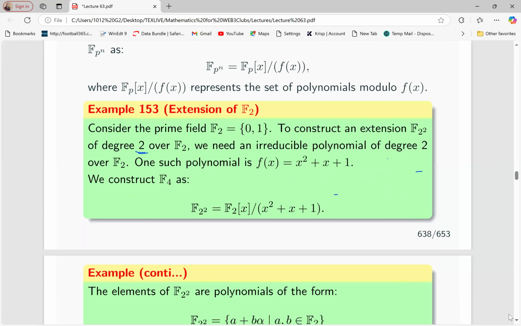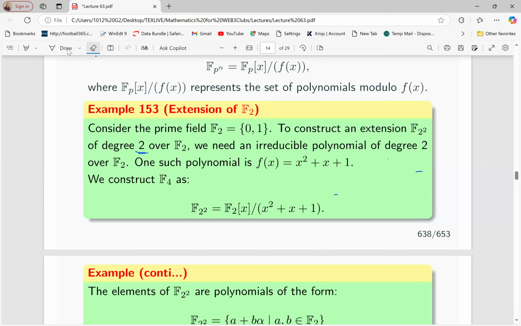We shall use it later. At the point of just constructing this extension, we don't necessarily require this polynomial, but we need to understand that this 2 is the degree of the polynomial we're using.